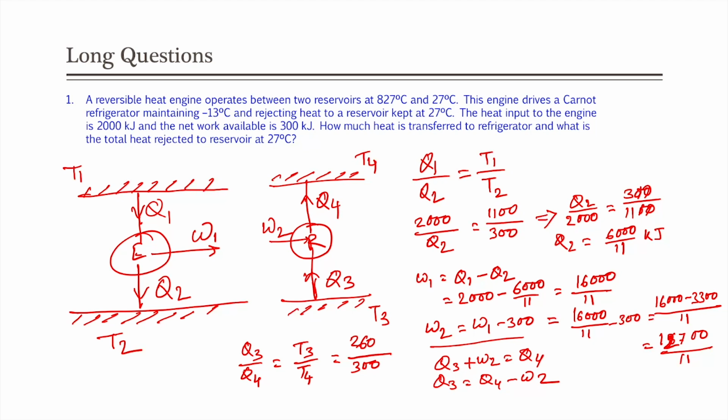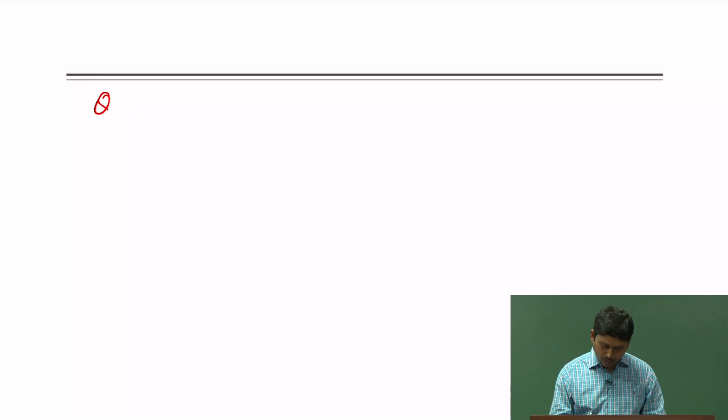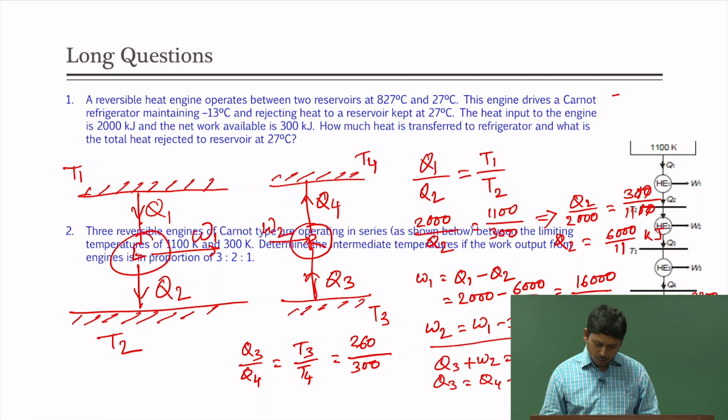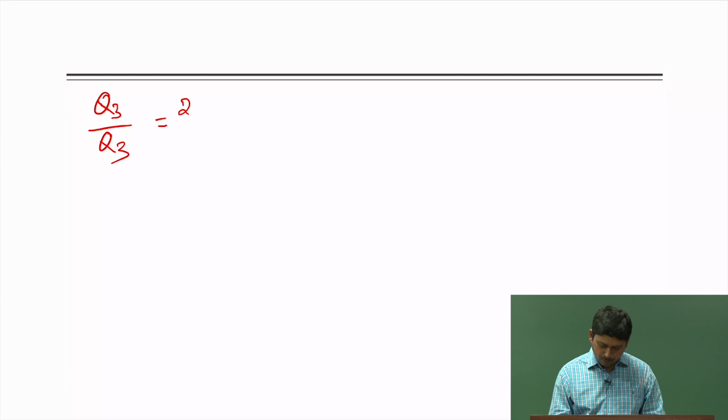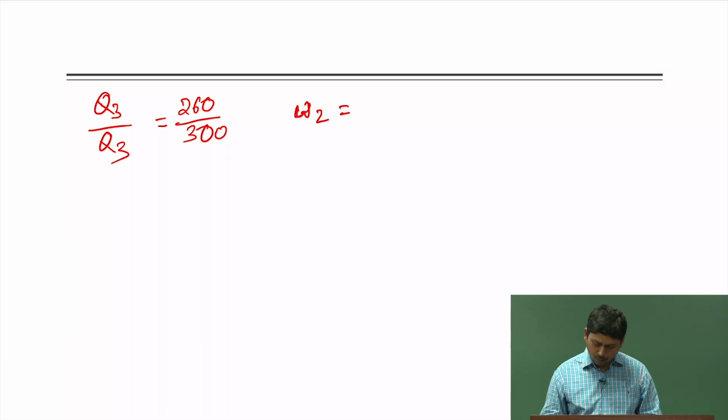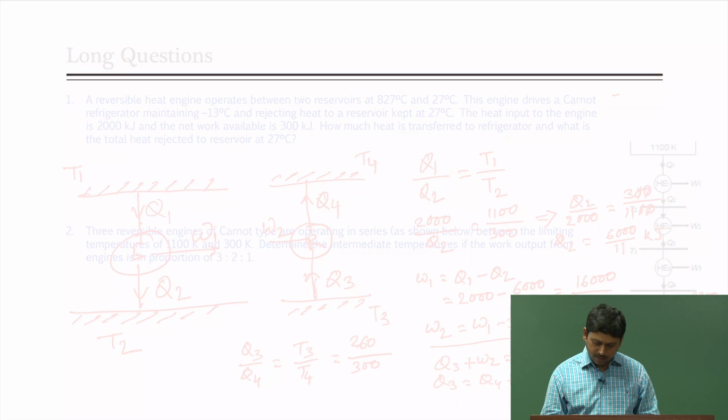I need a little bit more space, so I will be writing it here. Q3 by Q4 is equal to 260 by 300, and W2 we got to be 12700 by 11.